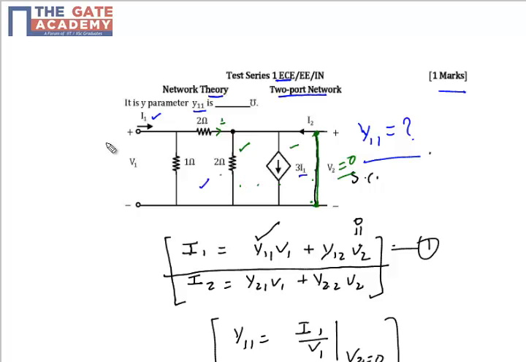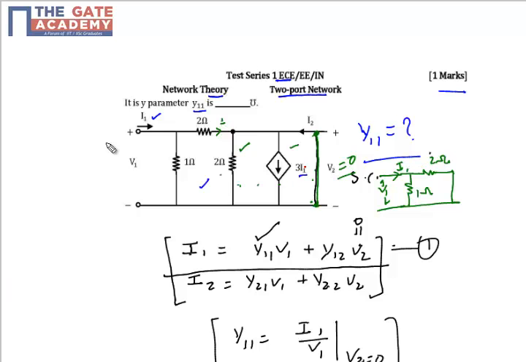So to give you a clear picture, let me draw the effective circuit. In the input port I will have a 1 ohm resistor, and I will also have a 2 ohm resistor. The other 2 ohm resistor and the dependent source go into short circuit, so we have a simple short circuit wire. So this is my effective circuit, with V1 and I1.